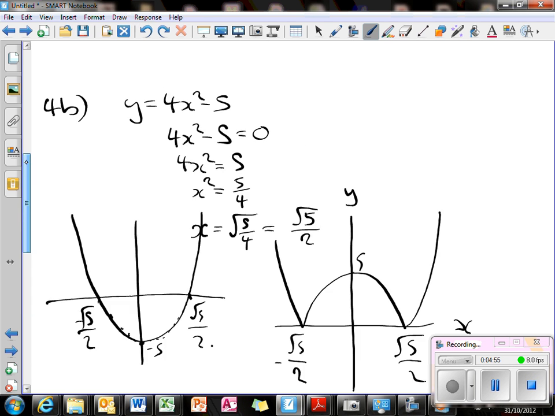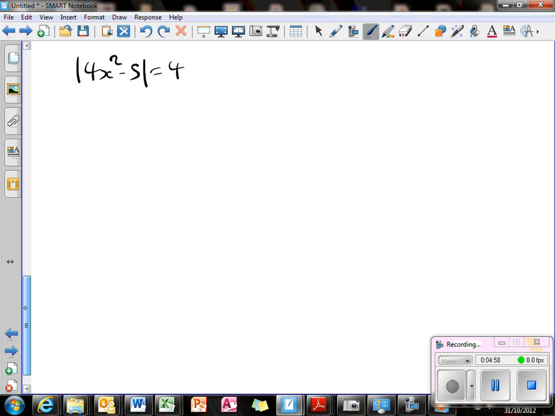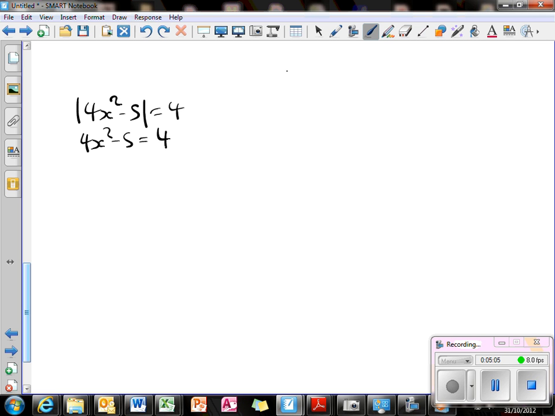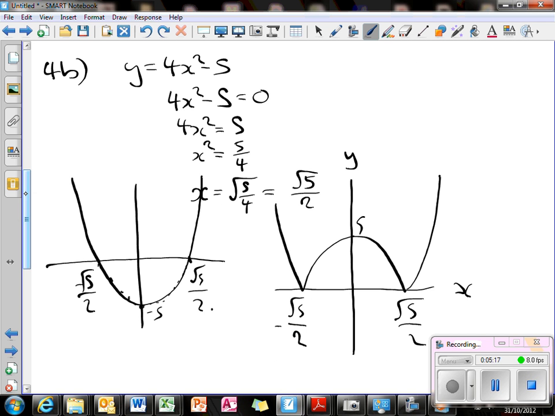The way to do this is you find the solutions to this, and you find the solutions to the negative of 4 as well. What we're actually after here is where this curve cuts the line y equals 4. So we're looking for 4 solutions.